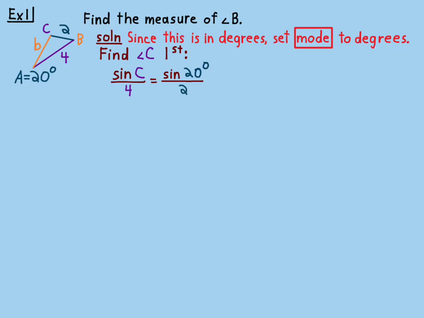So I have sine of C over its opposite side, 4, equals sine of 20 over the length of its opposite side, 2. And that means that sine of C equals 2 sine of 20 degrees.